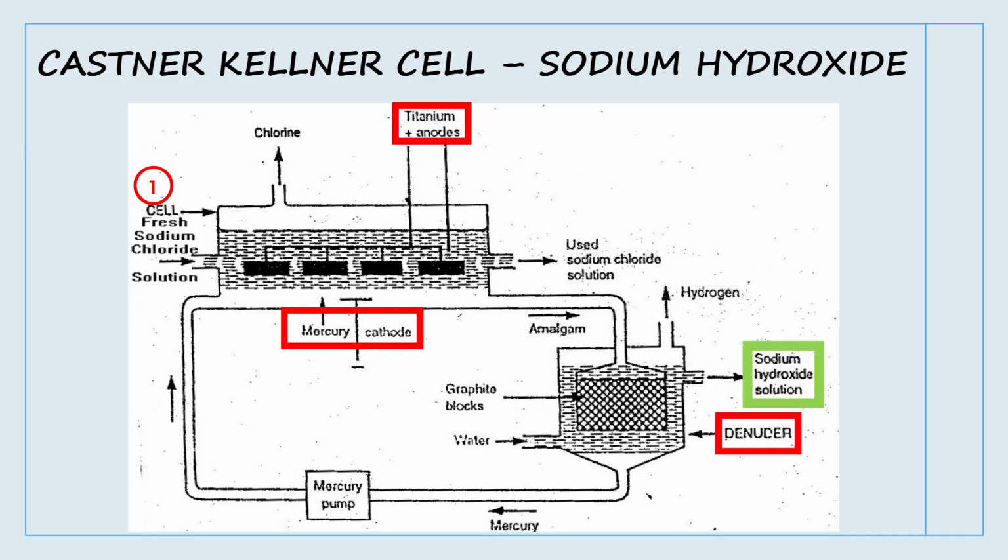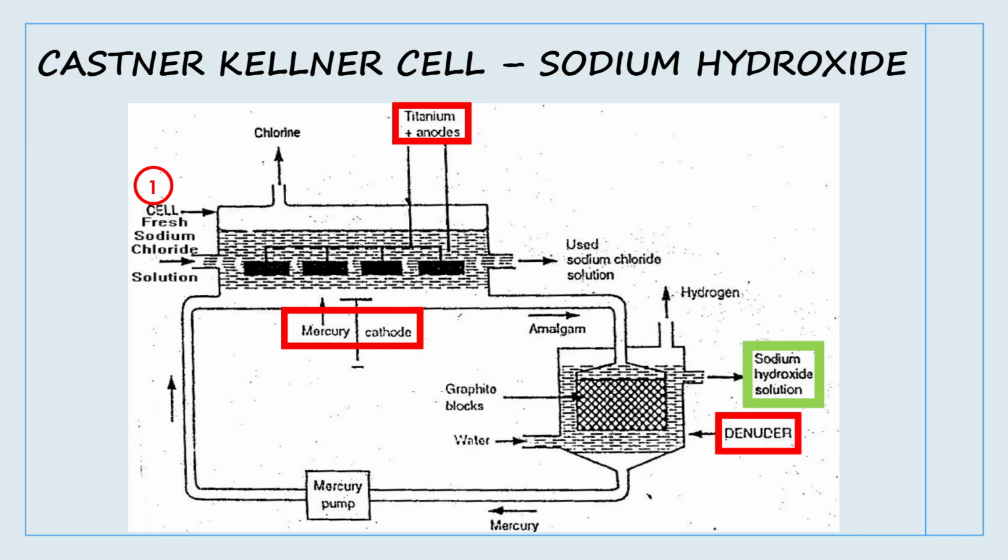The function of this denuder is that it contains graphite blocks. These graphite blocks separate the sodium from the mercury. Once the sodium is separated, we have the solution of sodium hydroxide, which is the desired product, and the mercury is again pumped into the system.